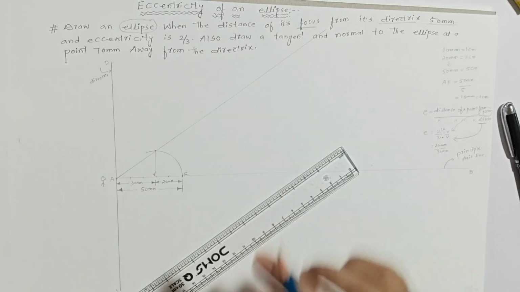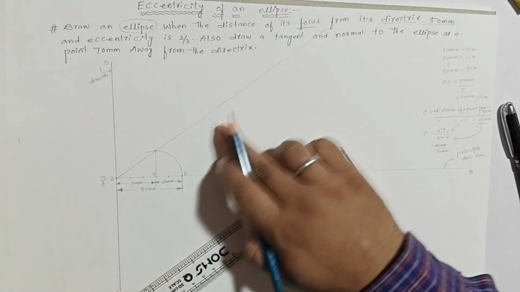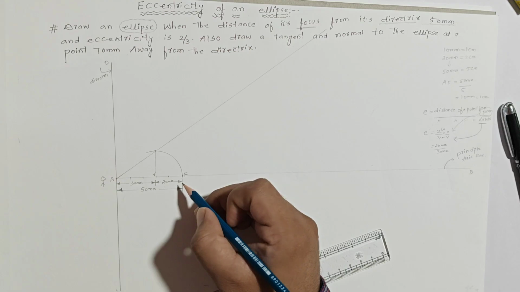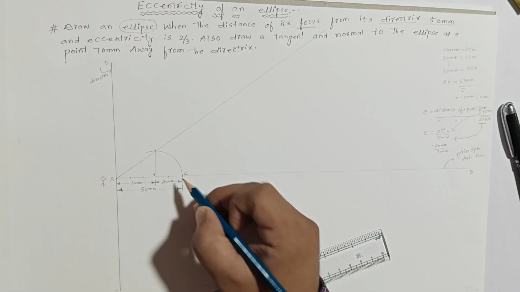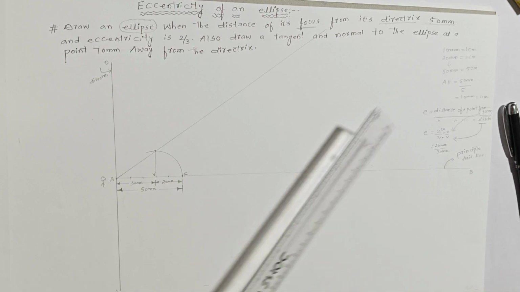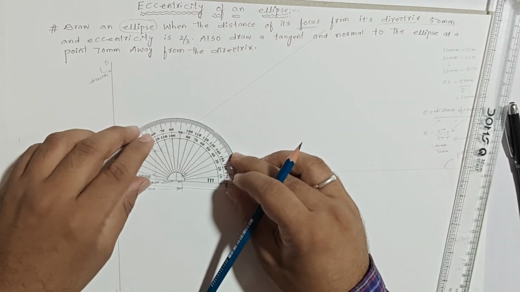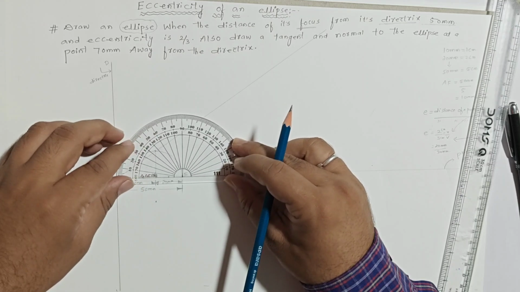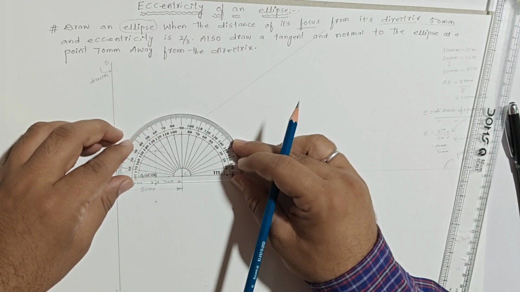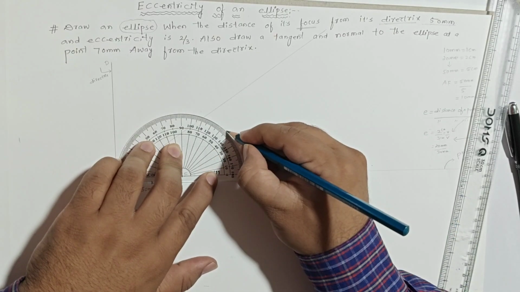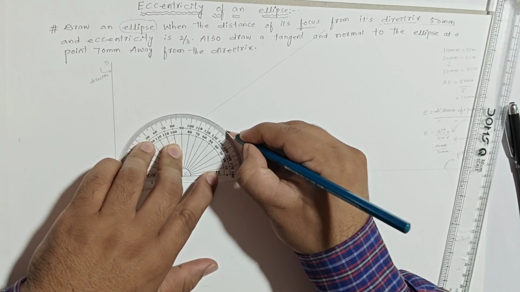If you want to stop this projection line, you need to take an angle of 45 degree from the focus line. You need to place a D scale, where we have to place at the focus. At the focus, from this focus point, we need to take an angle of 45 degree. Clear?